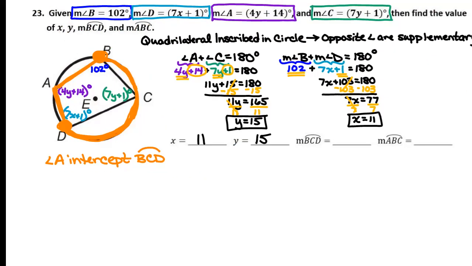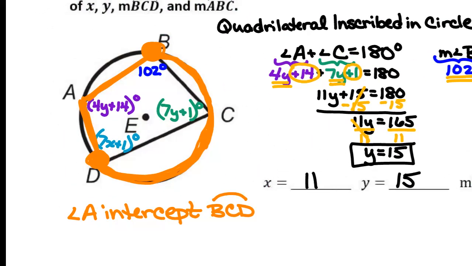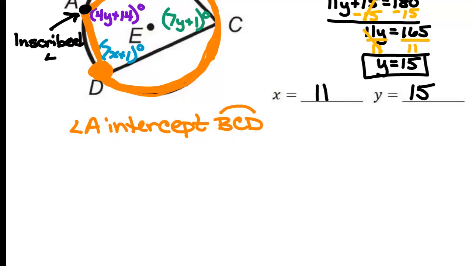What kind of an angle is angle A? Inside, outside, central, or inscribed? Inscribed. And again, it's an inscribed angle because its vertex is on the circumference of my circle. So the measurement of the angle is equal to 1/2 times the measurement of the arc.